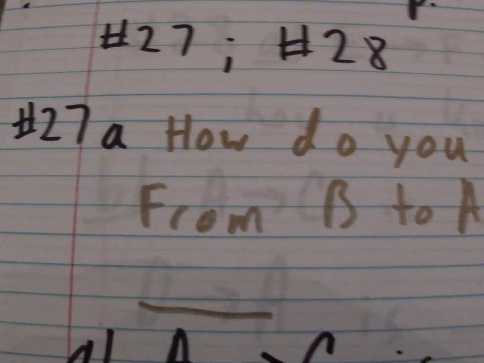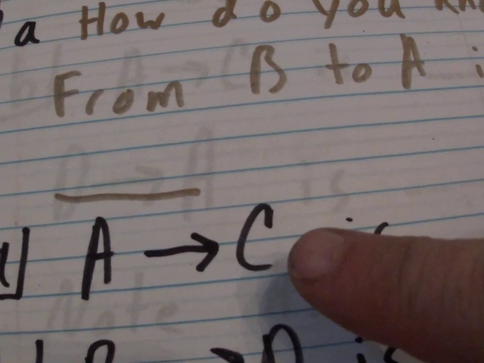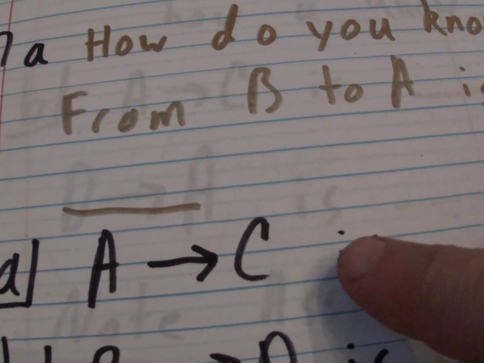Okay, but then the next thing you notice with me setting it up is look how I phrased this question, going from A to C. Do you see how I phrased that to myself?